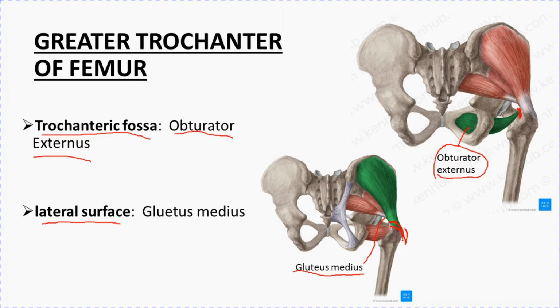The apex gives attachment to piriformis. The medial surface gives attachment to three muscles: obturator internus, superior and inferior gemelli. The trochanteric fossa gives attachment to obturator externus muscle. The lateral surface of greater trochanter gives attachment to gluteus medius muscle.